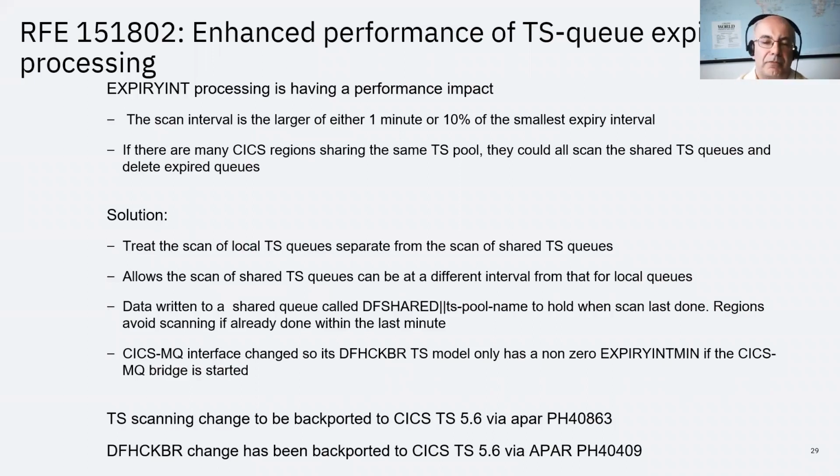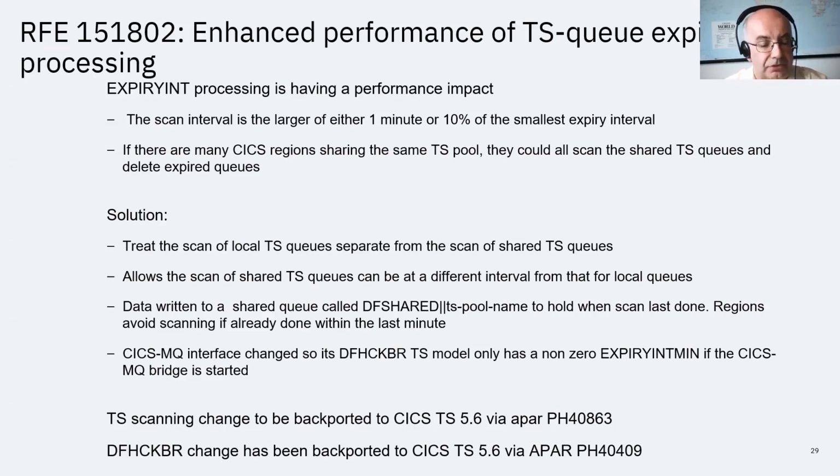And we write some information out to hold when the last scan was done. So multiple regions can look at that data and avoid all doing the same thing at the same time. So the queues will only get scanned once per minute across the whole set of regions.